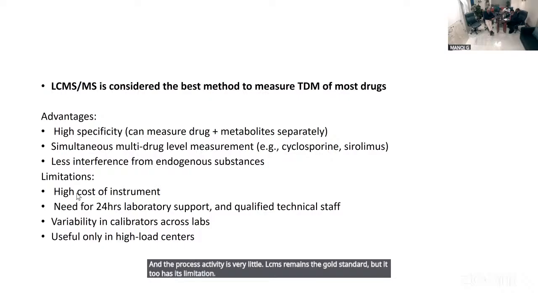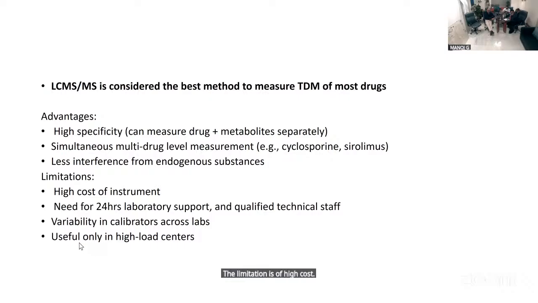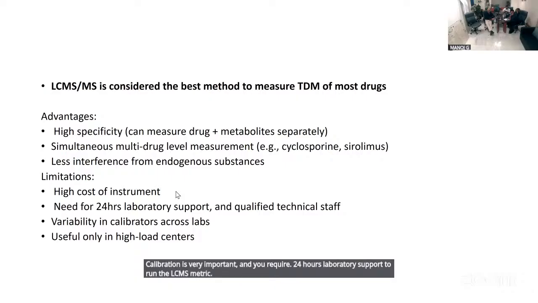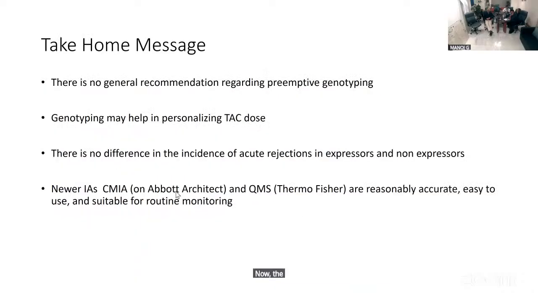The limitation is high cost, and they are useful only in high load centers because calibration is very important and you require 24 hours laboratory support to run the LCMS method. Now, the take home message is yes, you should do genotyping of the tacrolimus.